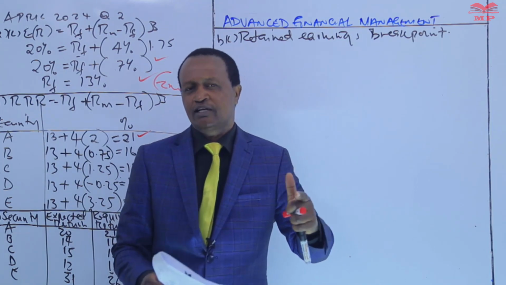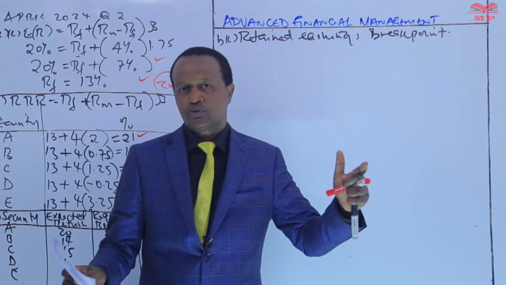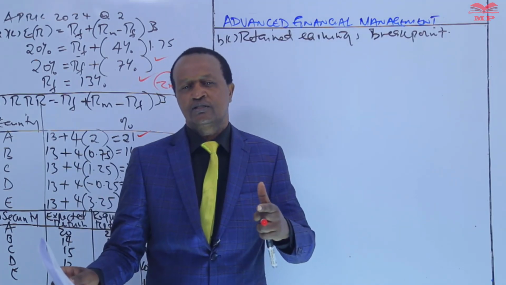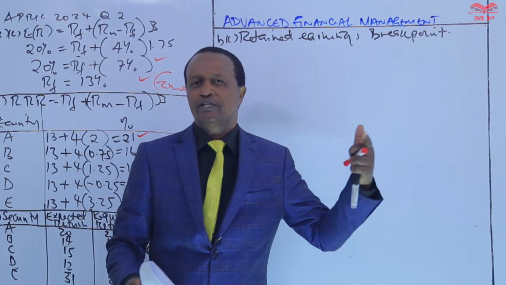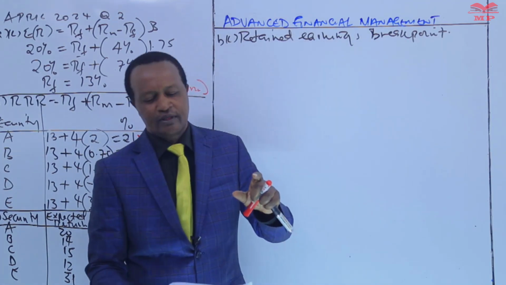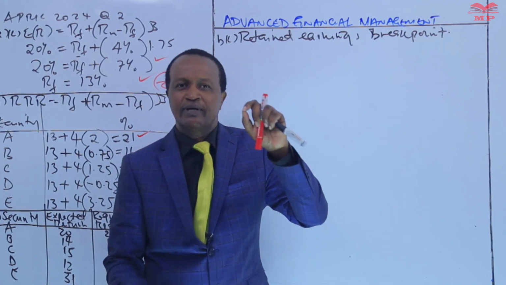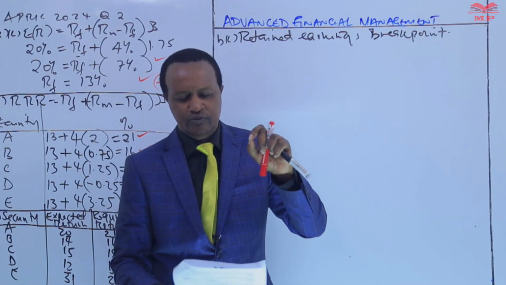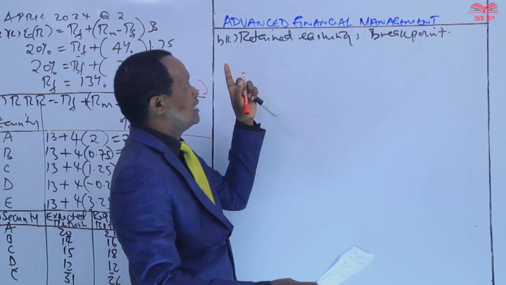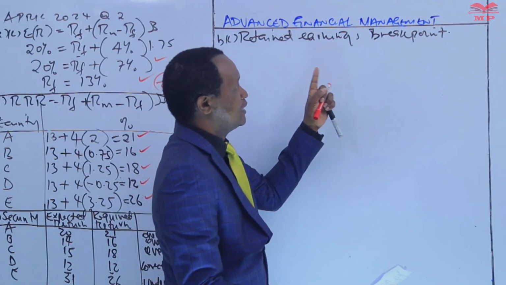A company may have a 50-50 capital structure, 50% debt, 50% equity. So even if a company may have enough retained earnings to finance its projects, there is a maximum amount of money that can be raised from retained earnings. And that's what is referred to as the breakpoint.